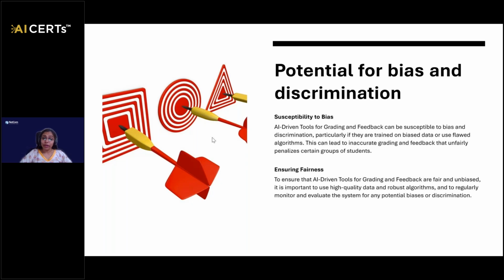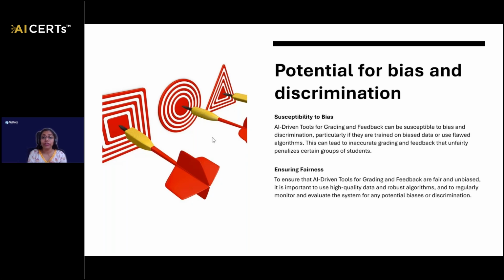And ensuring fairness, to ensure that AI-driven tools and your processes are fair and unbiased, it is important to use really good, high-quality data and robust algorithms, and to regularly monitor and evaluate the systems to reduce any potential bias or discrimination.